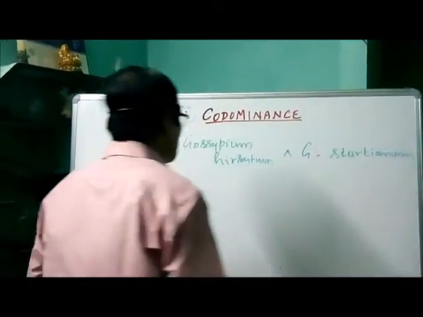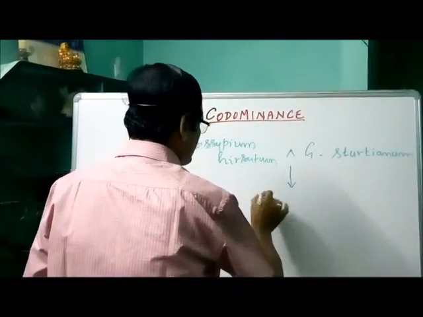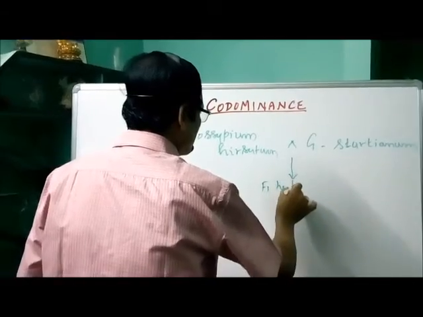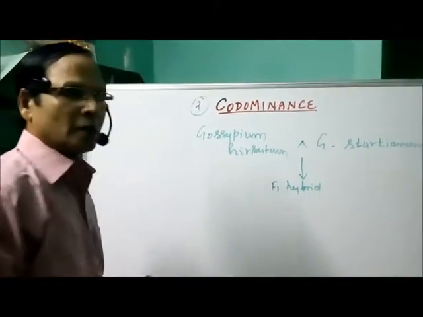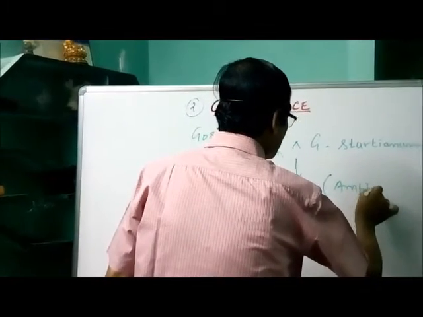Now, these two plants were crossed, and the F1 hybrid was obtained. The F1 hybrid is amphiploid.